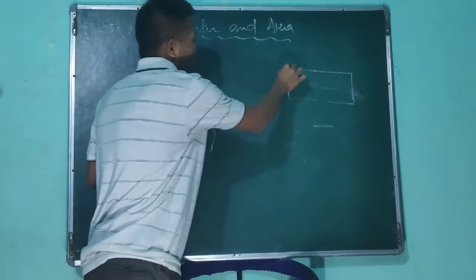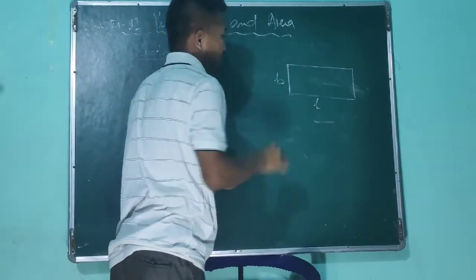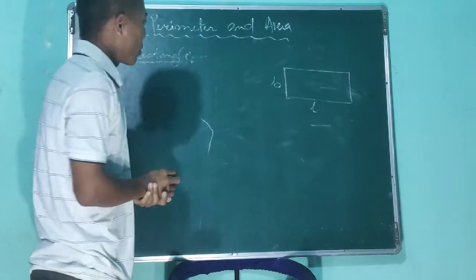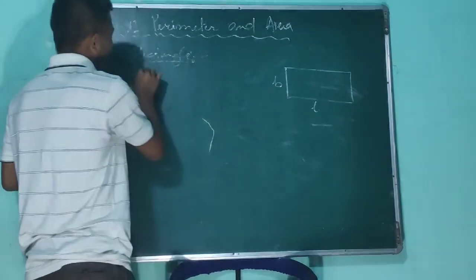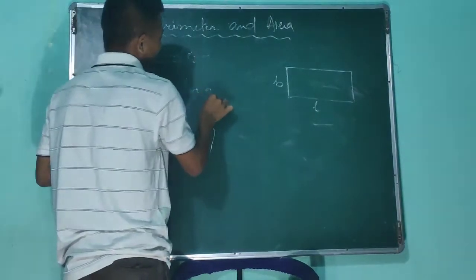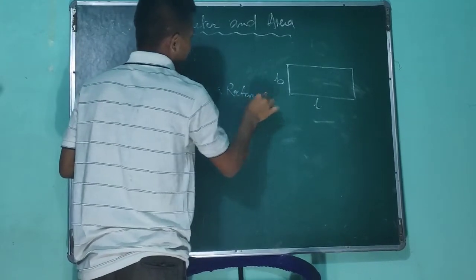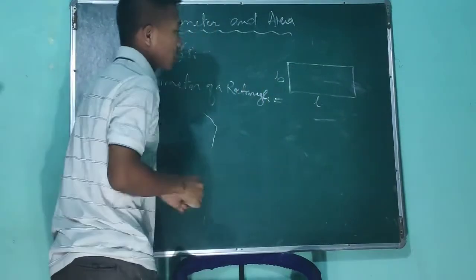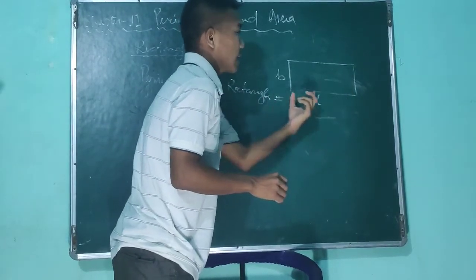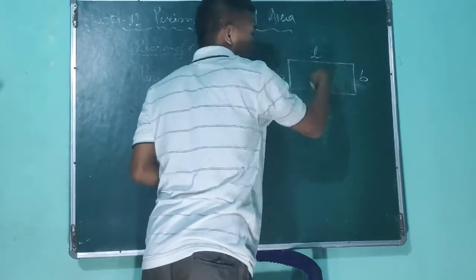So remember that a rectangle will always have length and breadth. The perimeter of a rectangle will be equal to, now let us look here, this length and this length will be the same.